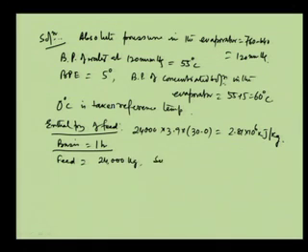Then sucrose in feed is 6%, so 0.06 into 24,000, that is 1440 kg.